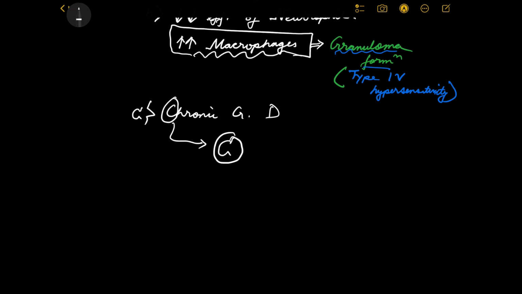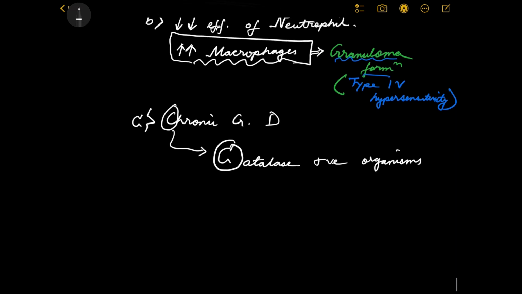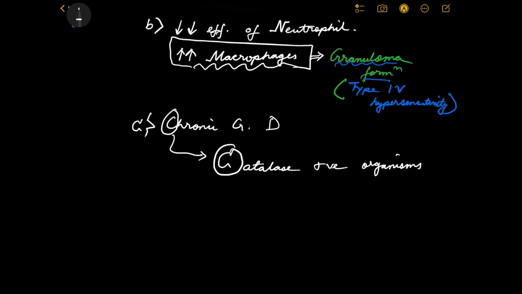By catalase positive organisms. So catalase positive organisms are more frequently infecting people with chronic granulomatous disease. Okay, this is another small point to be remembered.